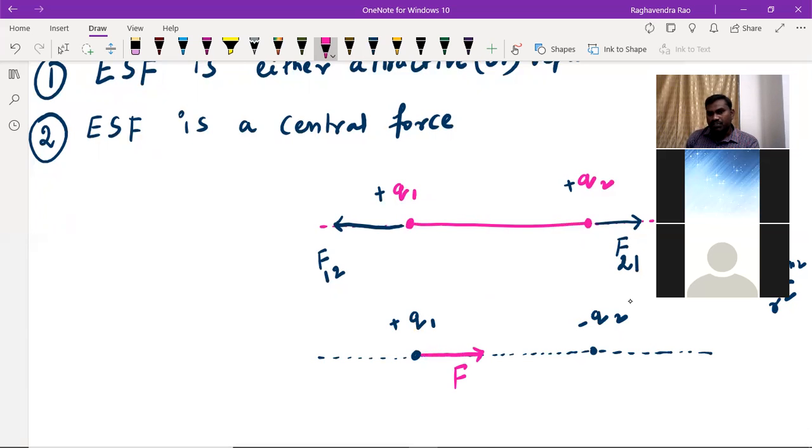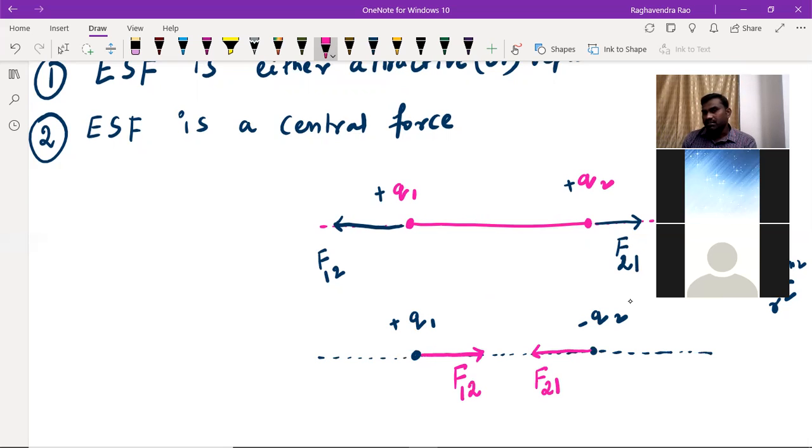This is force on 1 due to 2. In the same way, Q2 charge is attracted by Q1 charge in this direction. This is force on 2 due to 1. So the forces are also acting along the line joining the centers of the two charges. So if any force is acting along the line joining the centers of the charges, it is known as central force. So electrostatic force is a central force.